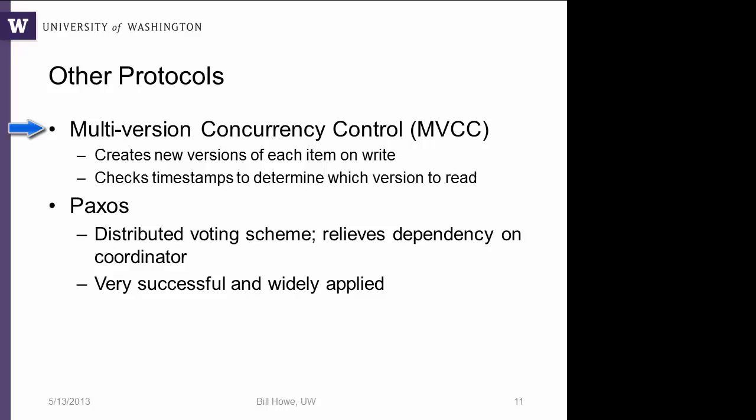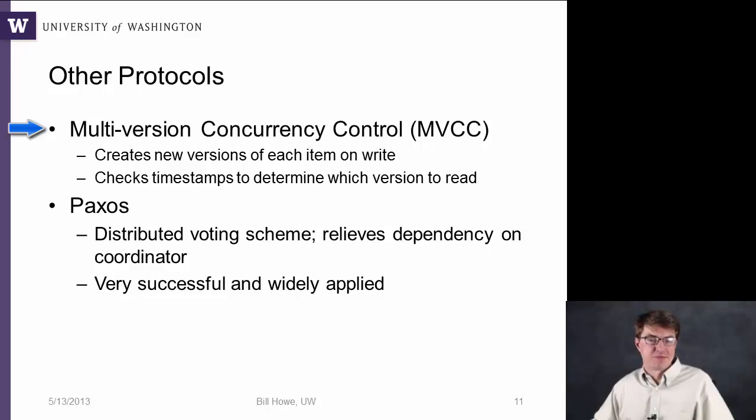Okay, and if it's been updated since the time you're supposed to be reading it, prior to MVCC, all you could do is abort the read and say, look, you're looking at dirty data, you're done. But with multi-version concurrency control, you can keep multiple versions around and redirect the read to the prior version that is correct, thereby avoiding aborting certain transactions.